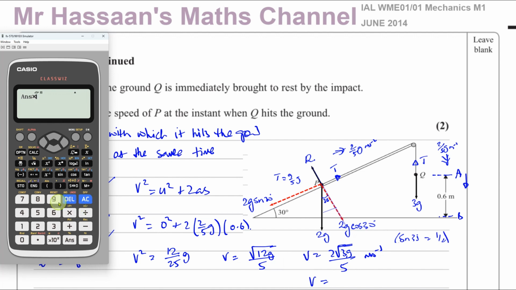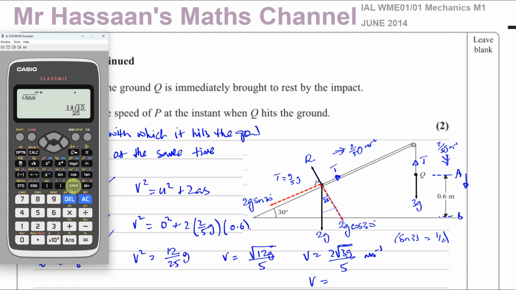All right, so we can write that down as an exact value. So 12/25 times 9.8. Remember, we have to use 9.8 for M1 in Edexcel, and that gives us 4.704. Let's just make sure that we did that correctly. So we have 12 times 9.8, divided by 25. Take the square root of that.